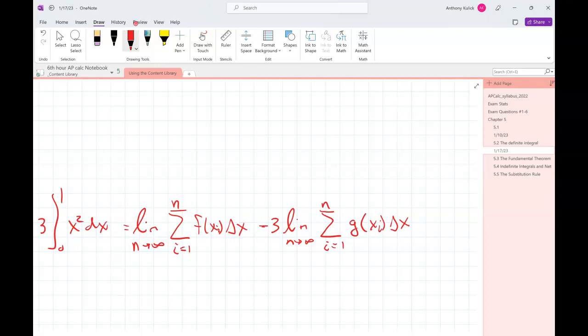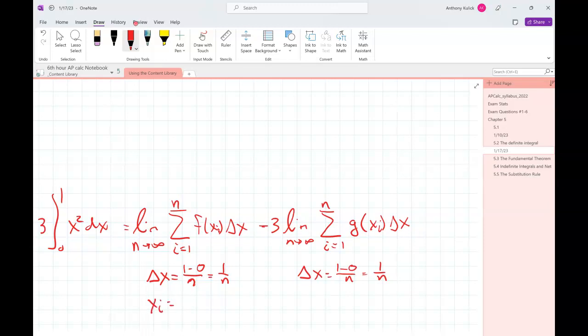So in each of these two situations, I need to create a delta x. Well, that's fine because they're going to be the same delta x because our bounds of integration are the same for each part.